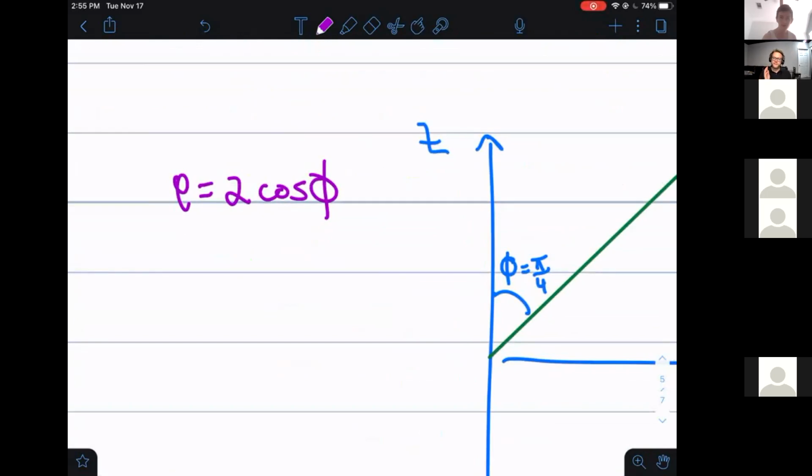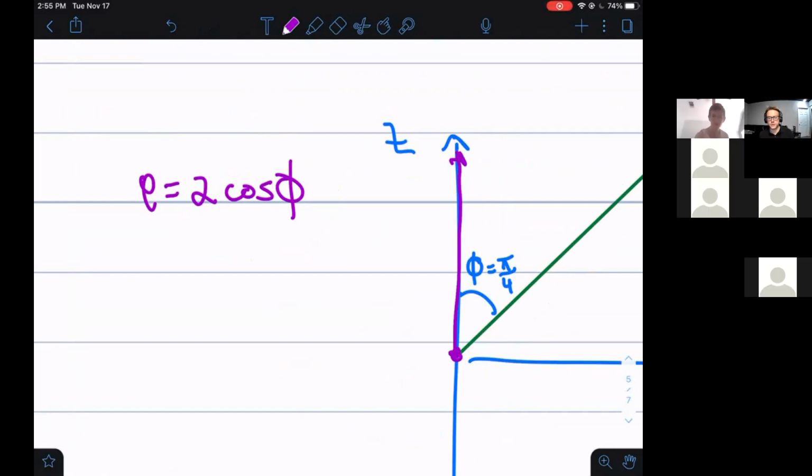Imagine if you were to plug in phi equals 0. Remember, phi comes off the positive z-axis, so phi equals 0 is pointing straight up. If you plug in phi equals 0, you get rho equals 2, right? Rho is supposed to be this three-dimensional radius from the origin, so you'd have to go out 2 steps.